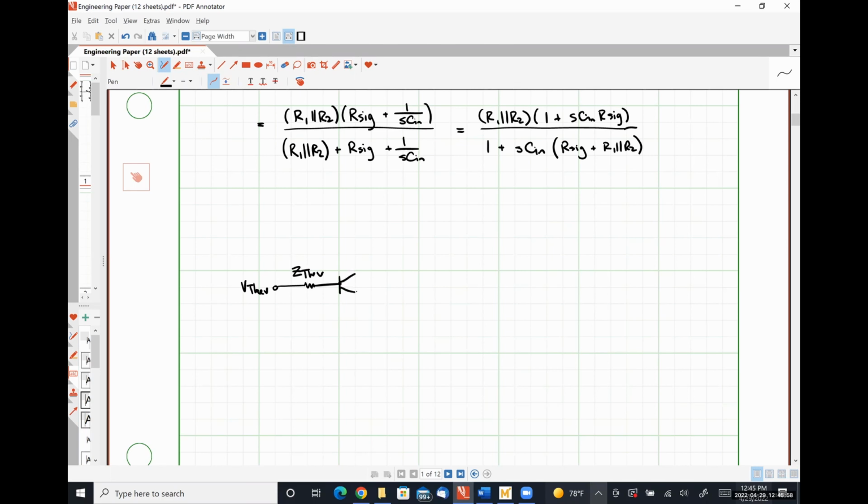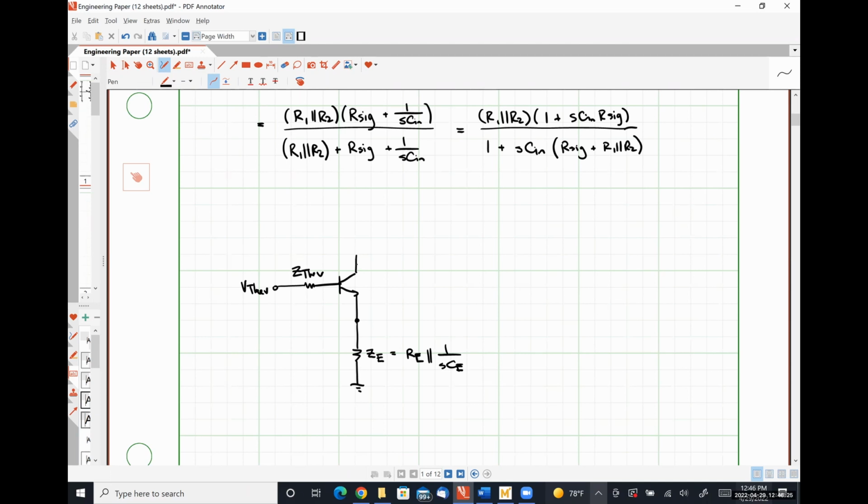There's the base of my BJT connected to my emitter. I'm going to have an impedance ZE, which is simply RE in parallel with 1 over SCE.